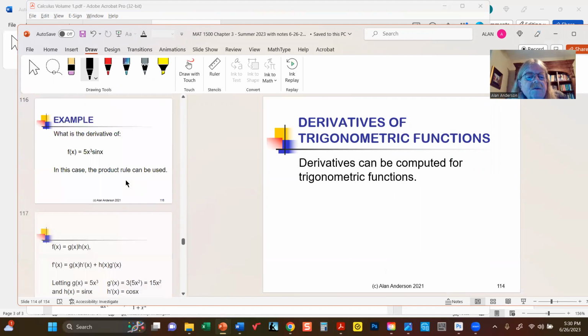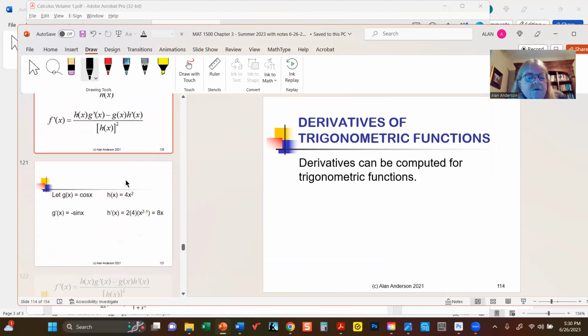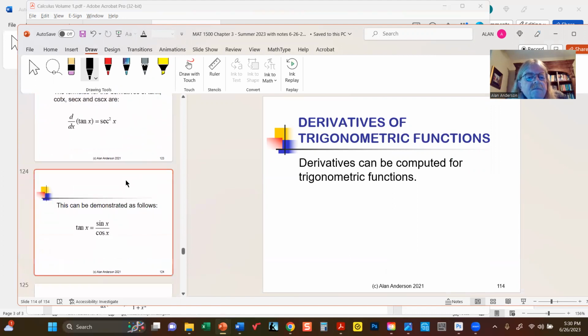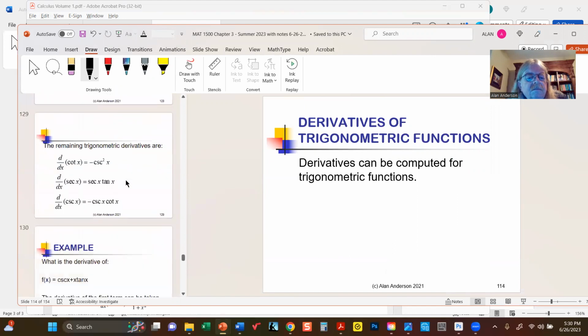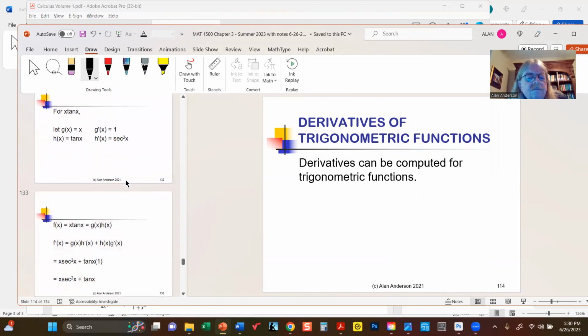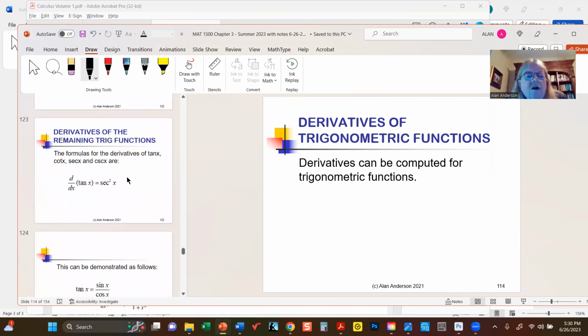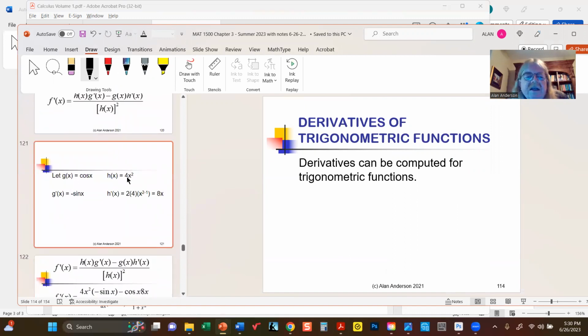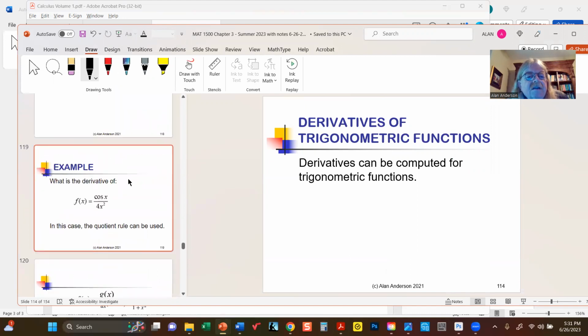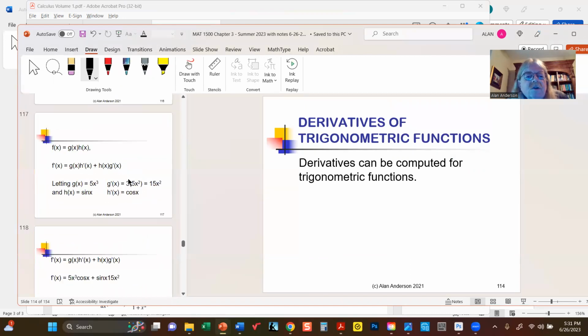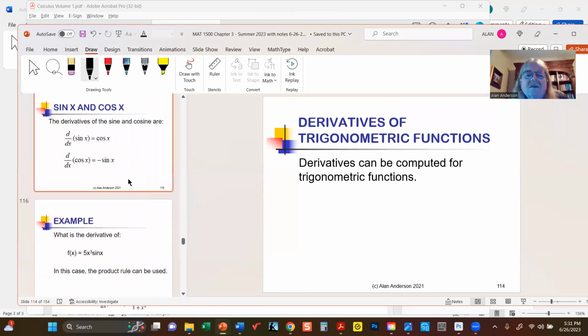Let's see. I just want to double check and see when we're getting to the chain rule. There it is. Okay, it looks like I saved that for last. I could have moved the trig functions to anywhere in this chapter. I decided to show them to you as soon as we're done with all the rules except for the chain rule.